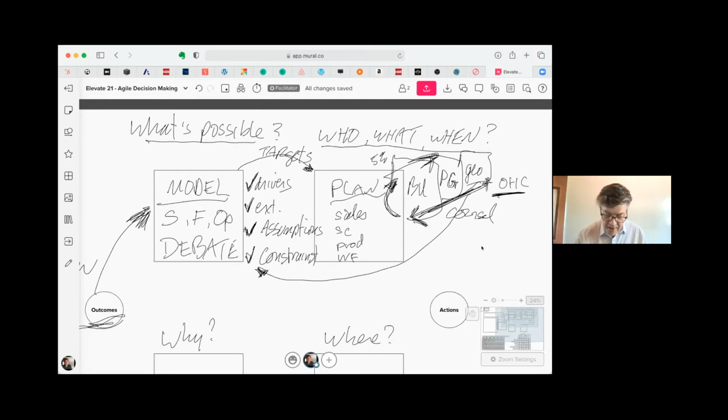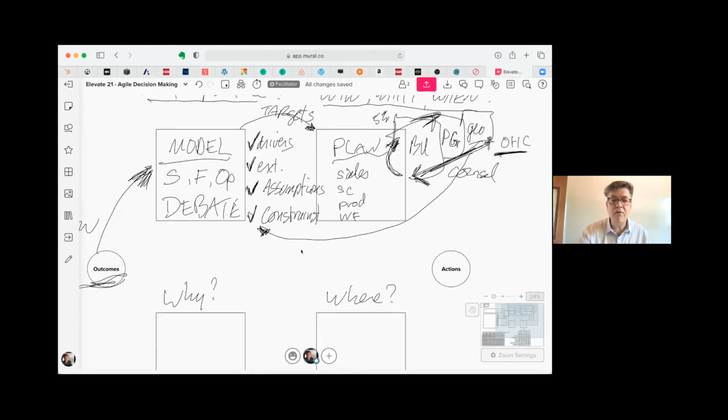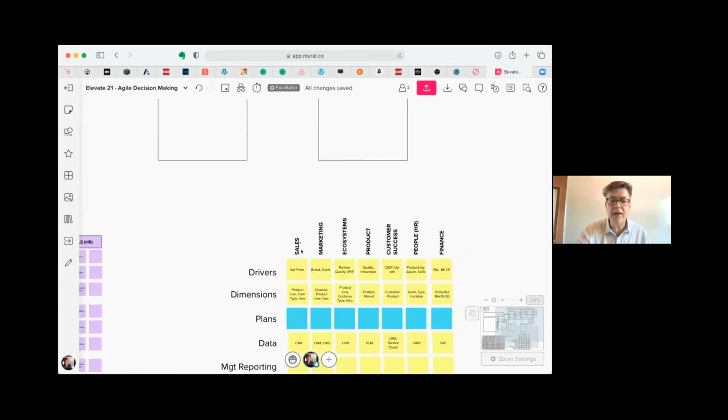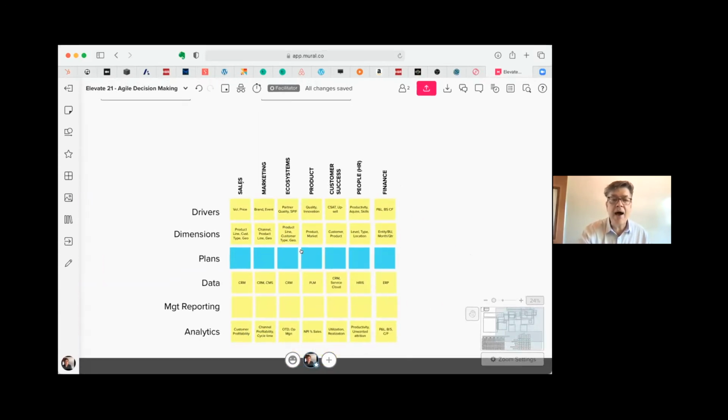And then the other thing to think about as we create these plans, sales and workforce plans and supply chain plans, is to think about them by business function as well. So again, in the sales function, it's usually the forecast. It might be my territory and quota plan. It might be my comp plan. In marketing, it's going to be my event plan or my marketing spend plan, or maybe my co-brand plan.